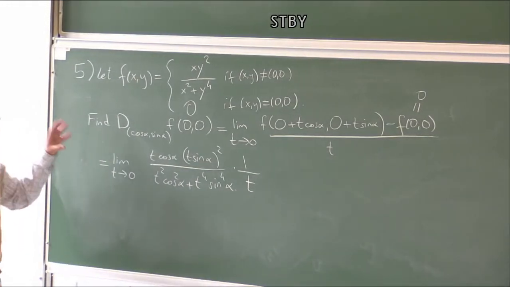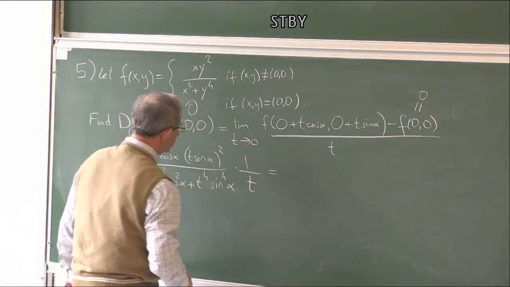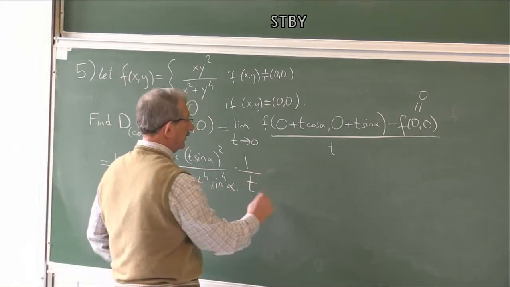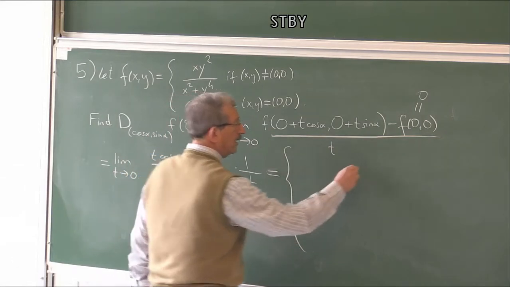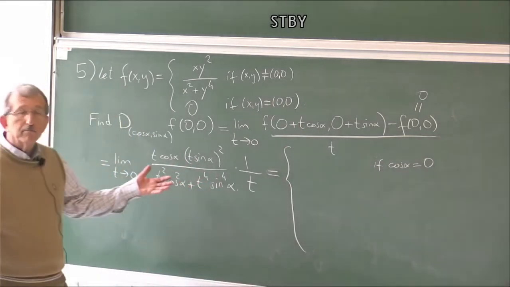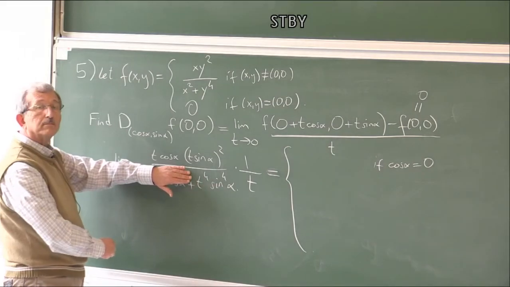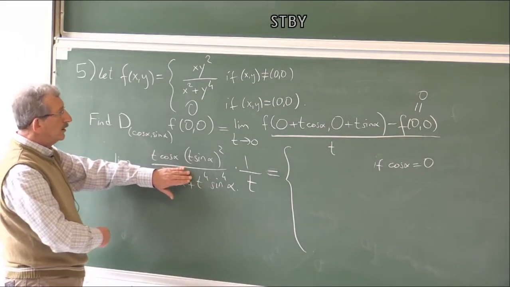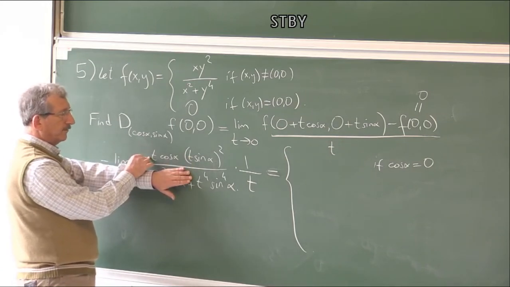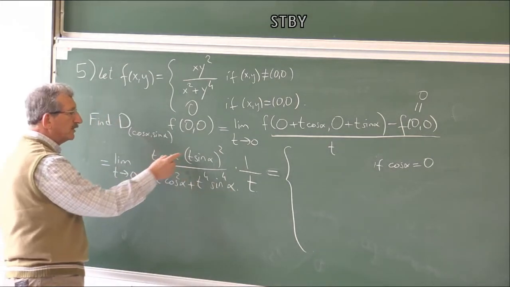Now we want to evaluate this limit. Well, you can easily see a few things. First of all, there are basically two cases, so I will separate them. Now, if cosine alpha is 0, it may happen that cosine alpha is 0, then sine alpha is not 0. They cannot both be 0. So I have t to the 5th divided by t to the 5th, but with cosine alpha 0, so the top is 0.